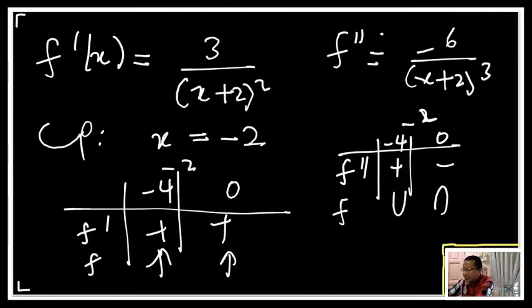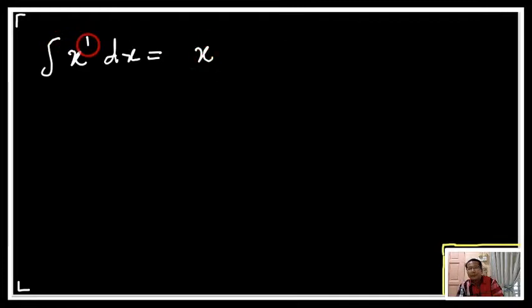Let's look into integrals. We need to find the integral using the substitution method. First, the integral of x dx is x to the power 1 plus 1, over 1 plus 1, plus c.